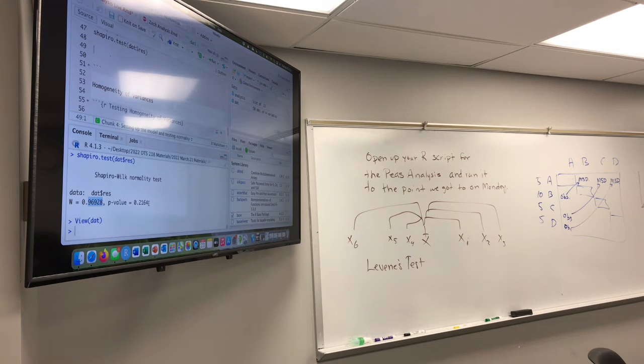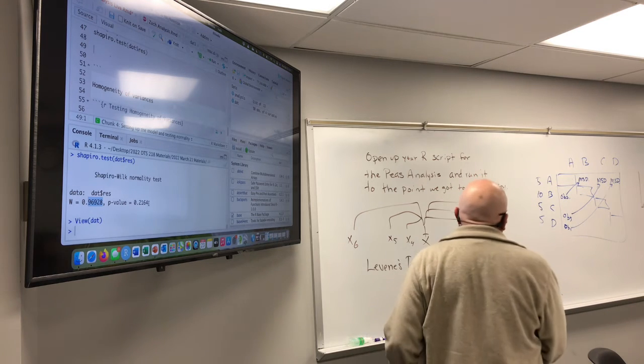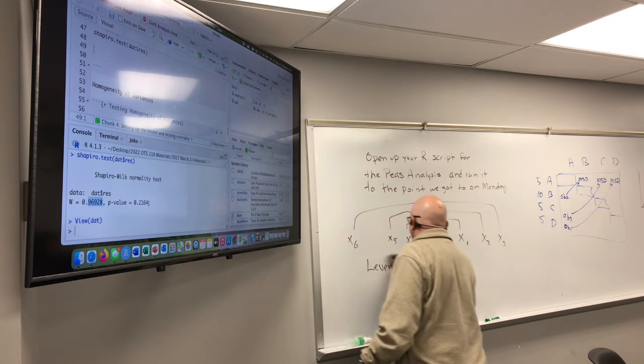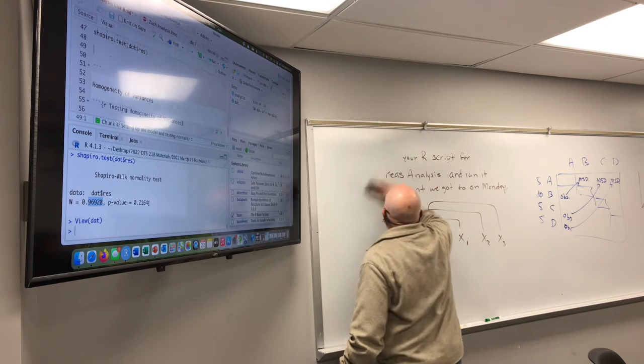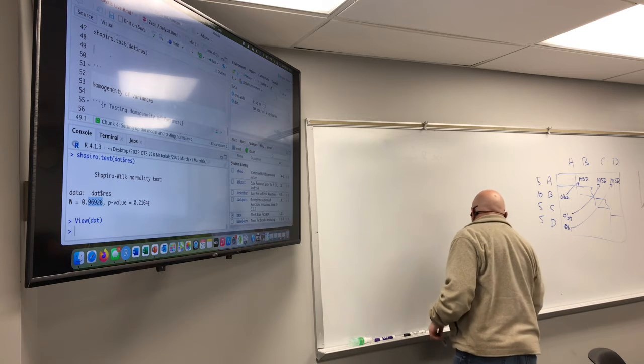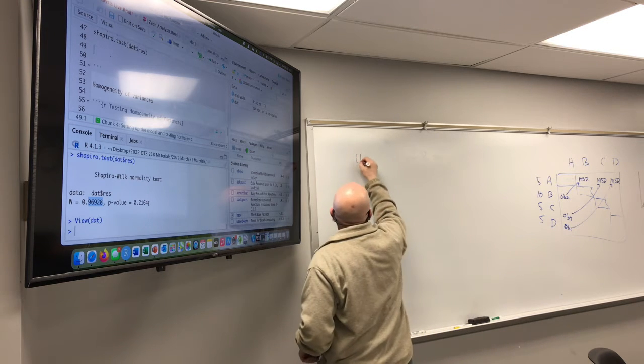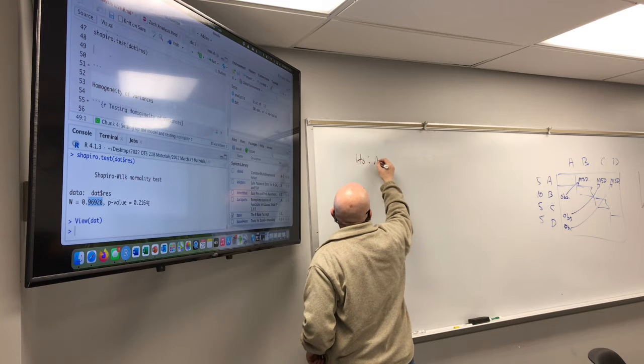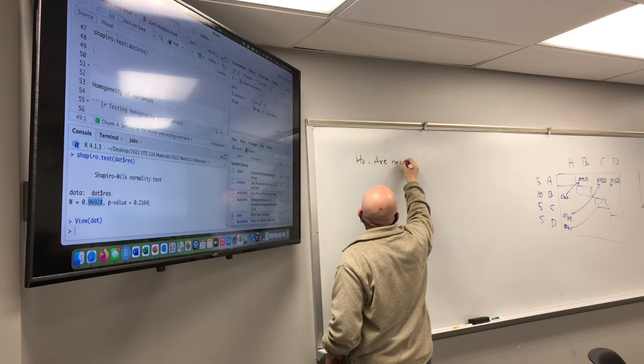What's the p-value tell us again, and how do we analyze that? P-value is the type 1 error rate. So in this case, we're testing the idea that our data are normal. If you want to think of it as null and alternative hypotheses, the null hypothesis is our data are normal.